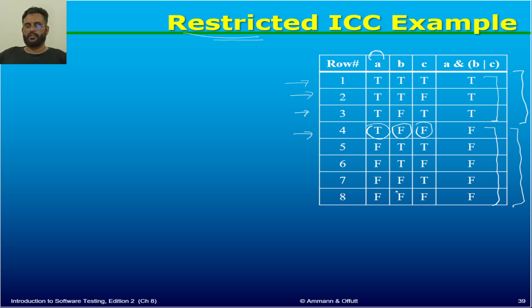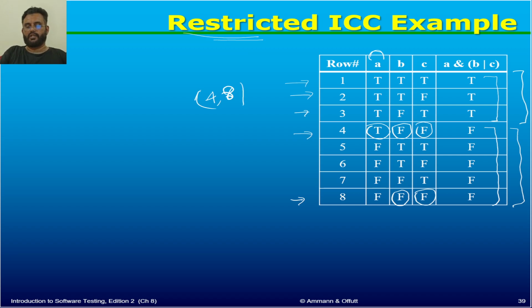So the only possibility is that, for A as major clause, B and C have the same false values, and A changes from true to false, and the predicate does not change and stays false. So one possibility for A to achieve inactive clause coverage when the predicate remains false is rows 4 and 8. That is listed here.